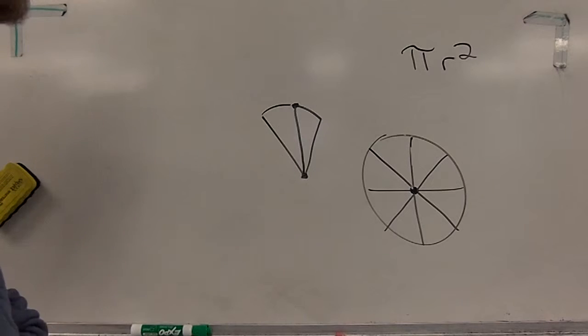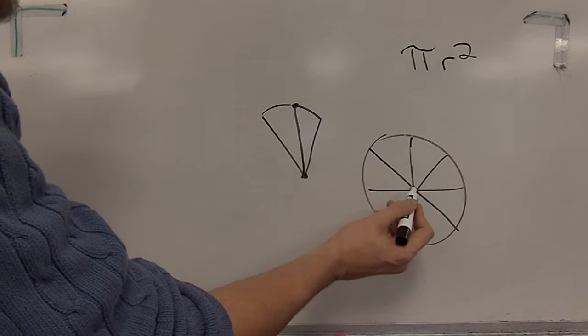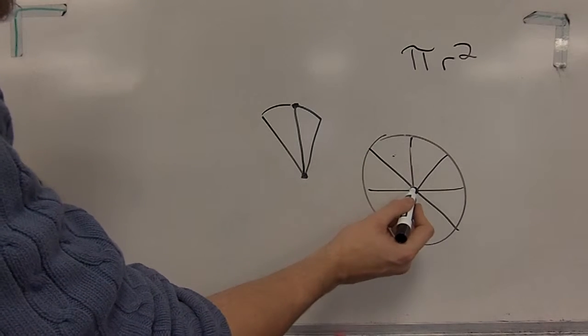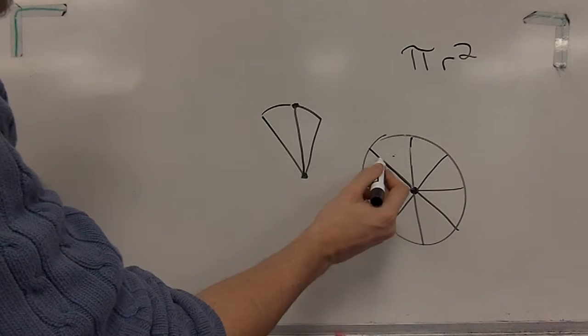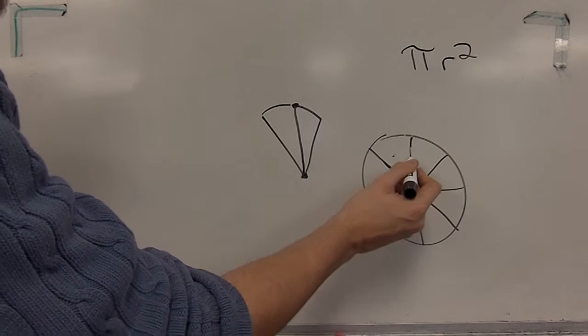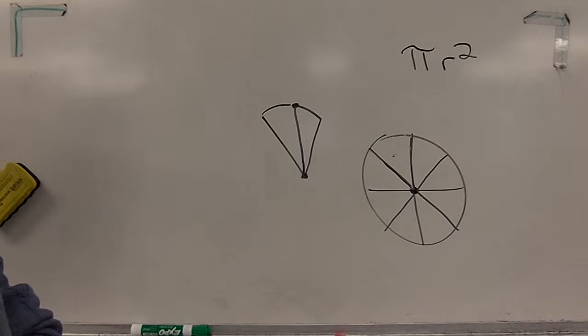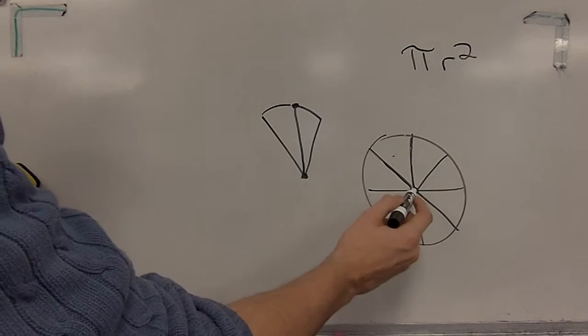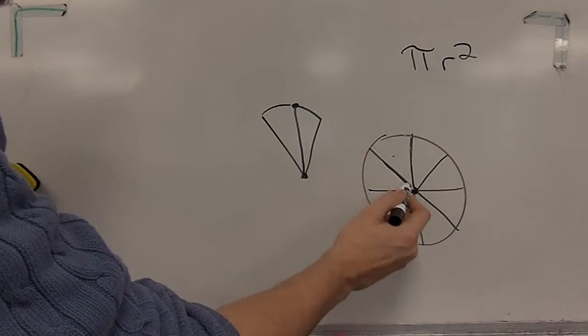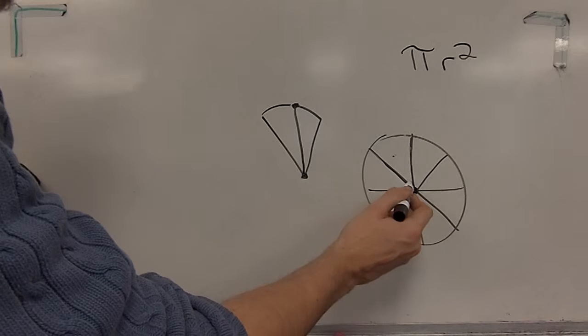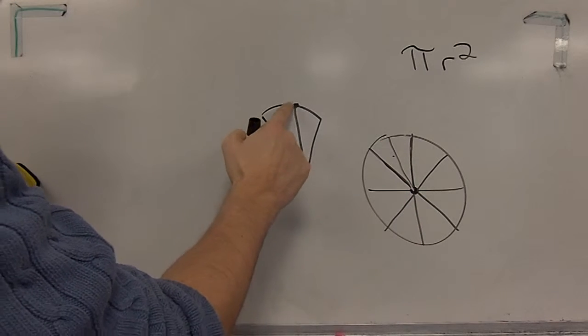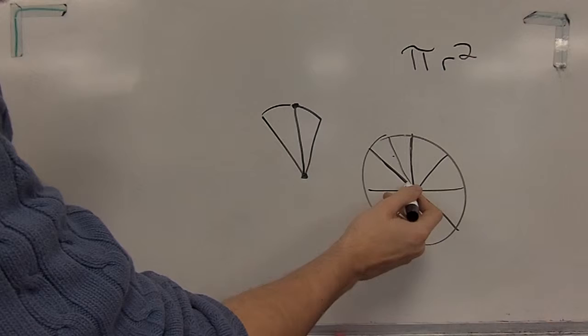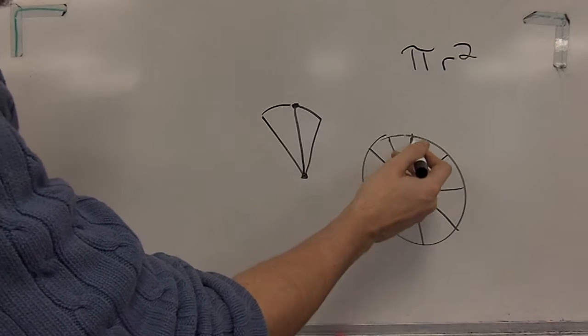Okay? And what you're also going to notice is that the edges of the pizza, so this slice of pizza right here, for instance, each of its edges also represents the radius of this circle, because the edges are going from the center to the outside. So I could even draw another line right here, just like I did here, right? And this also represents the radius.